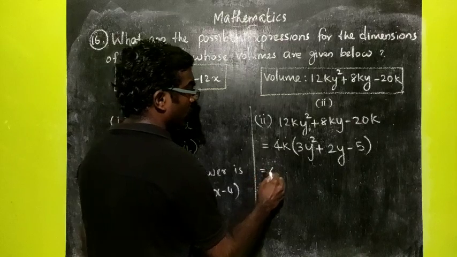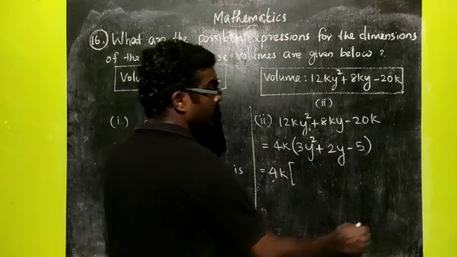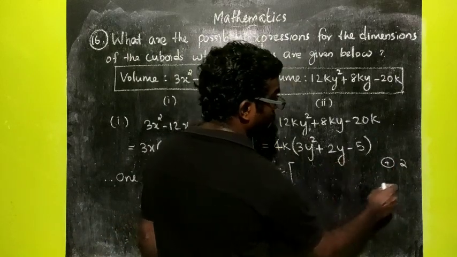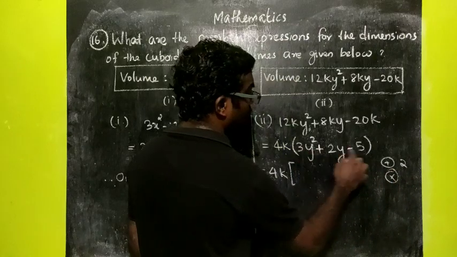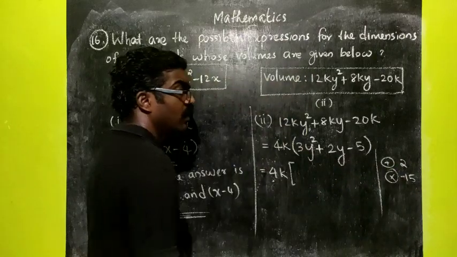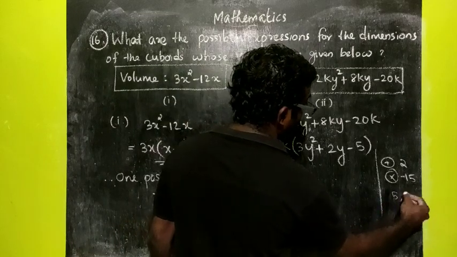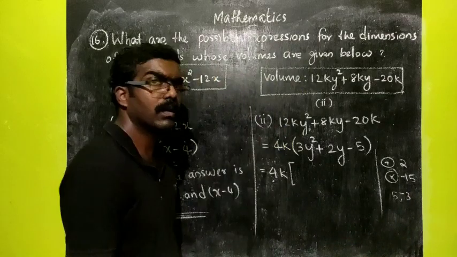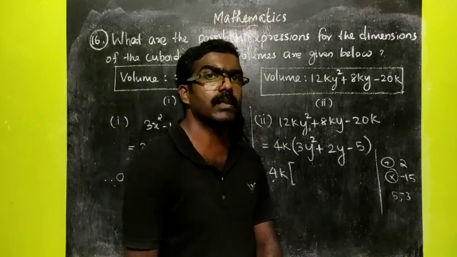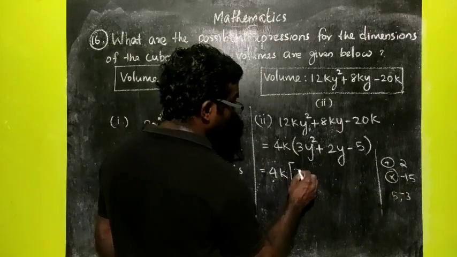Here we can split the middle term, so the sum is 2, the coefficient of y, and the product is 3 into minus 5, minus 15. What are the numbers? The numbers are 5 and minus 3. 5 minus 3 is 2, and 5 into minus 3 is minus 15.